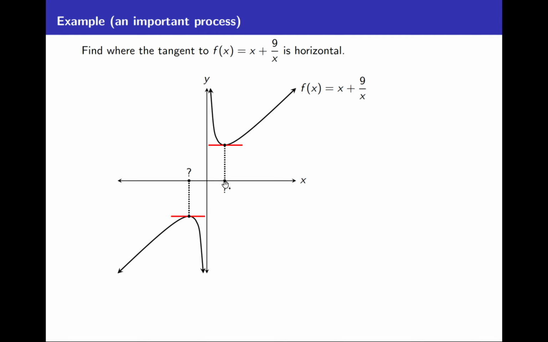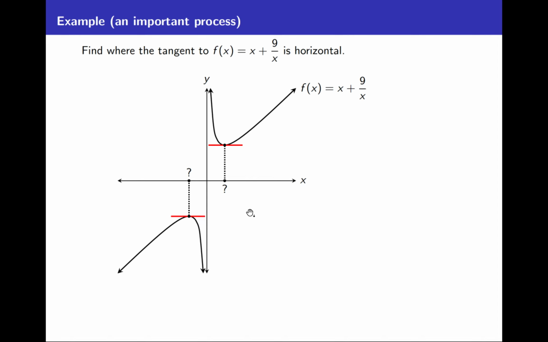So the question is, what are these x values that lead to a horizontal tangent? Well, the derivative gives us the slope of a tangent line. So here we're basically asking for what values of x is the derivative of this function equal to 0, where the slopes are 0.